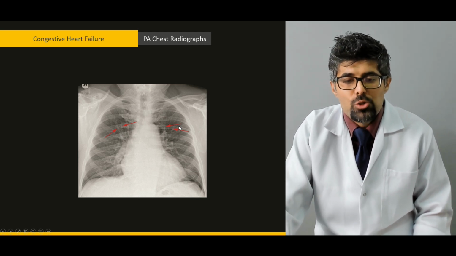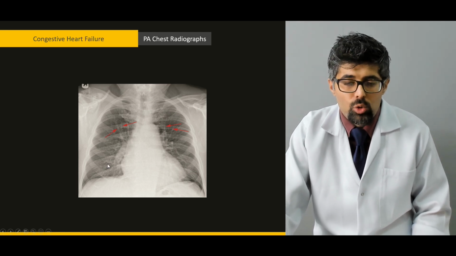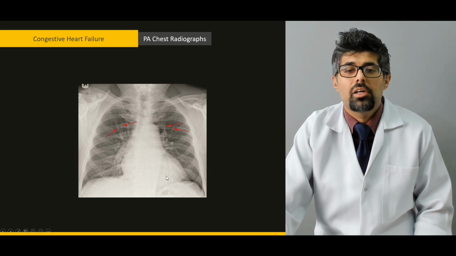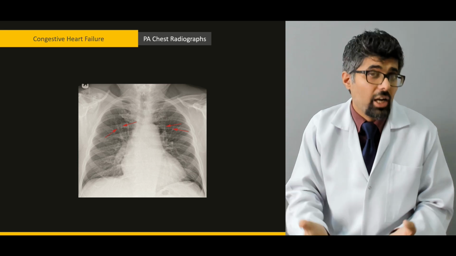This is not what usually happens. Usually the veins in the lower lobe of the lungs are dilated. Why? Because of the hydrostatic pressure, because of gravity.